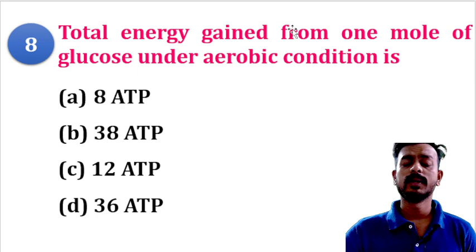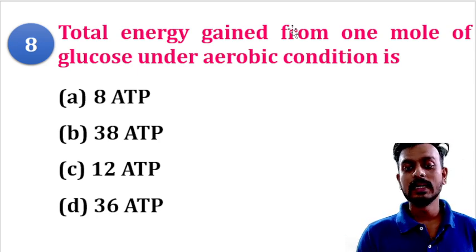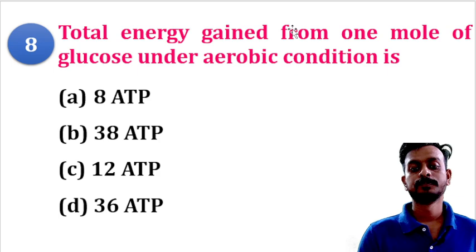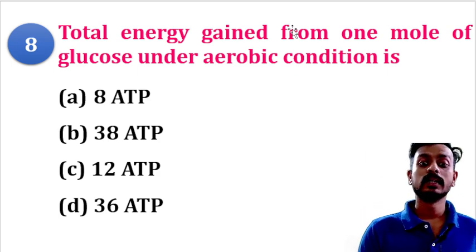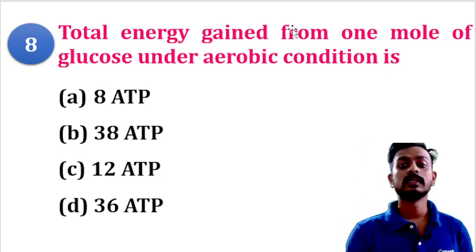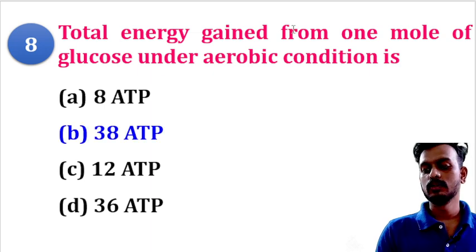Okay, so moving to the next question. Total energy gain from one molecule of glucose under aerobic condition. Total energy gained during aerobic condition is 8 ATP, 38 ATP, 12 ATP or 36 ATP. So your correct answer will be 38 ATP.